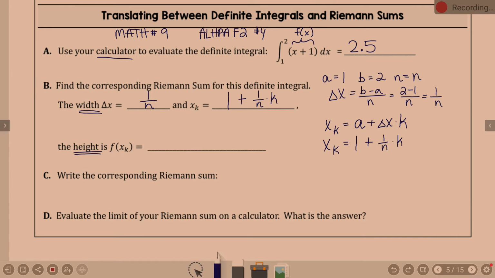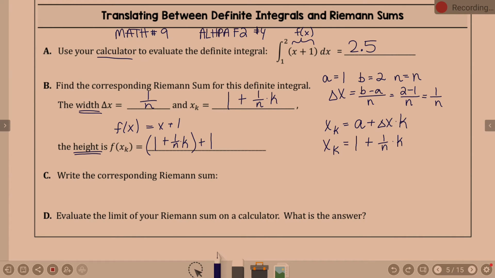So that means f of x sub k is going to be x sub k, so 1 plus 1 over n times k, and then plus 1. In mine, I originally wrote it as 1 plus 1 over n times k in parentheses, and then plus 1.